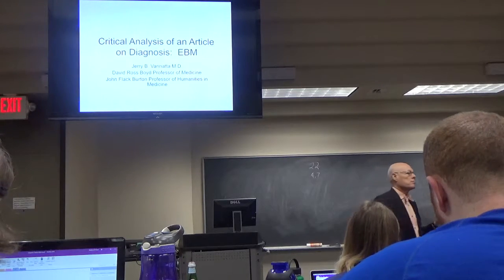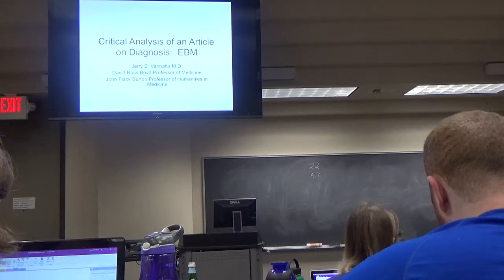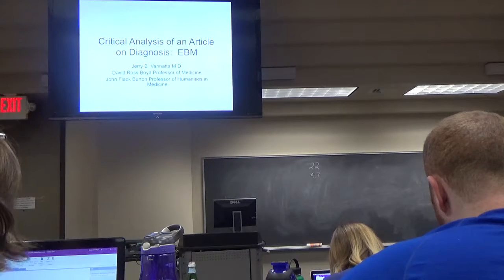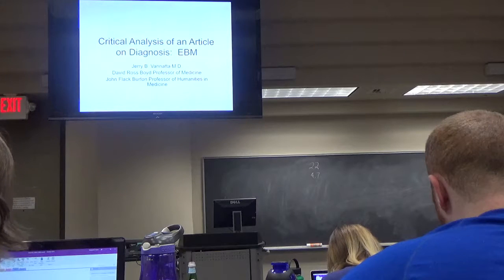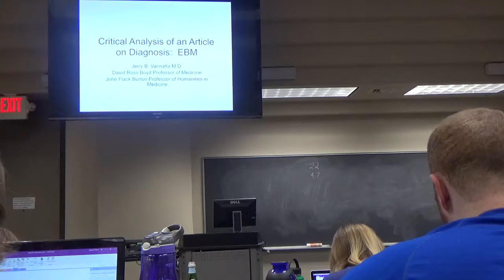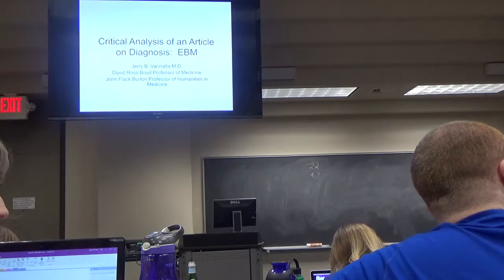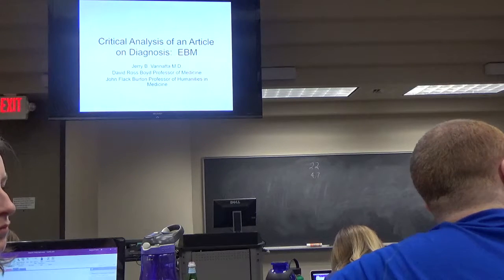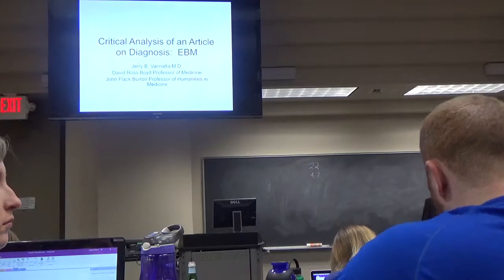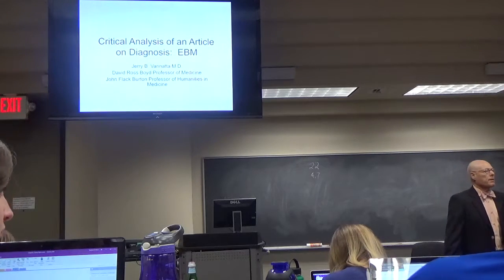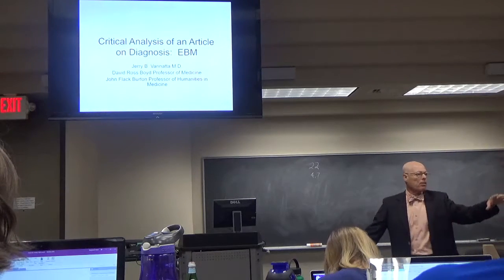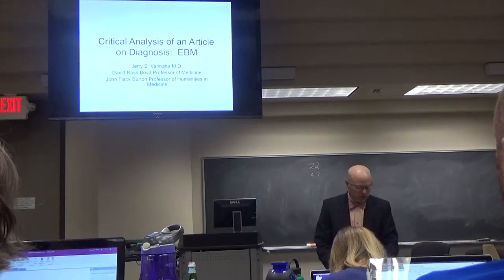Okay, so you found an article. What's the name of the article? Systematic review and modeling of the investigation of acute and chronic chest pain in primary care. And it has a whole lot of LR positives listed. You've got a table there, a bunch of LR positives for a bunch of diagnostic tests.